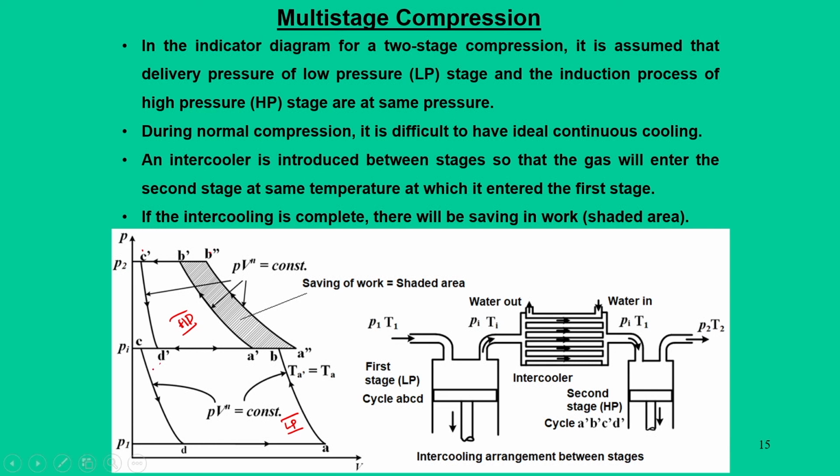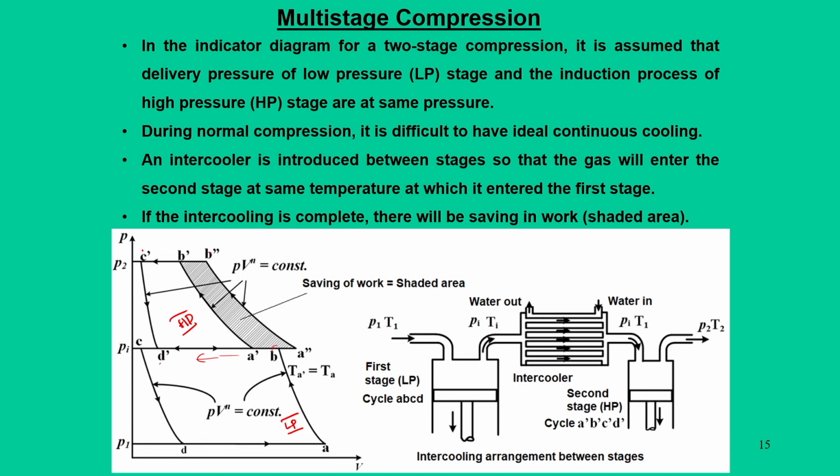But at point B the temperature is high, and the further you go away from point B, the incurred area will also be higher. So, you will try to push point B towards the left side, so that the temperature comes down and the power requirement in the HP side is less.